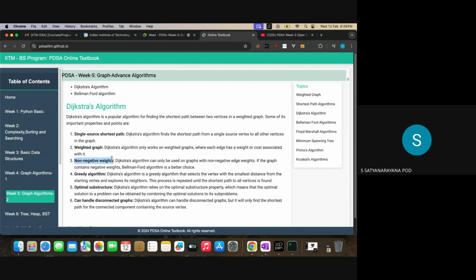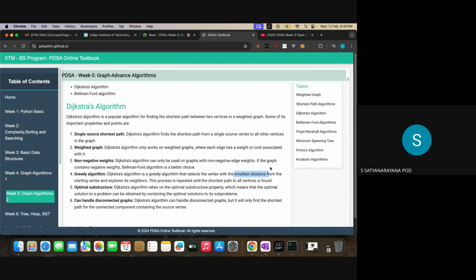We choose the second vertex only, we don't choose the first one, because out of the n adjacent vertices it chooses the smallest one. That is called greedy. It always tries to choose the optimized value nearby. Optimized means maybe minimum or maybe maximum, but for shortest path we always choose the minimum only. That's what we call greedy.